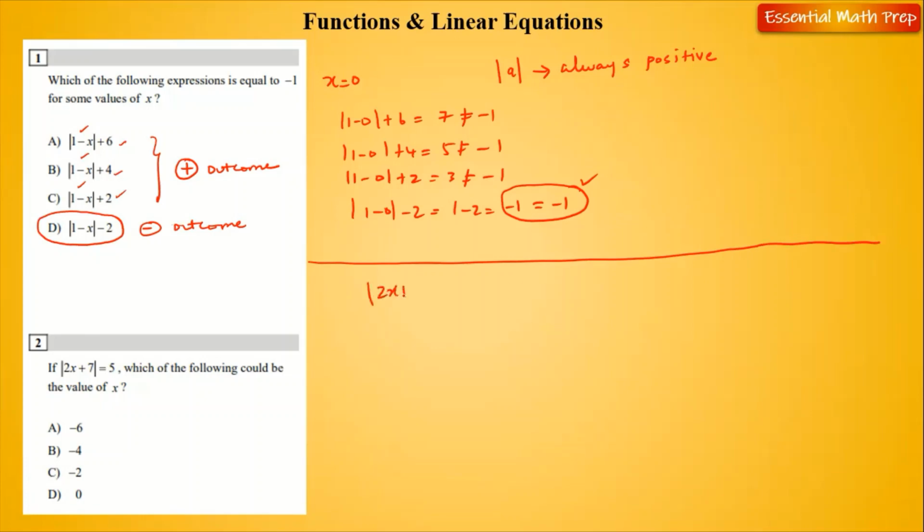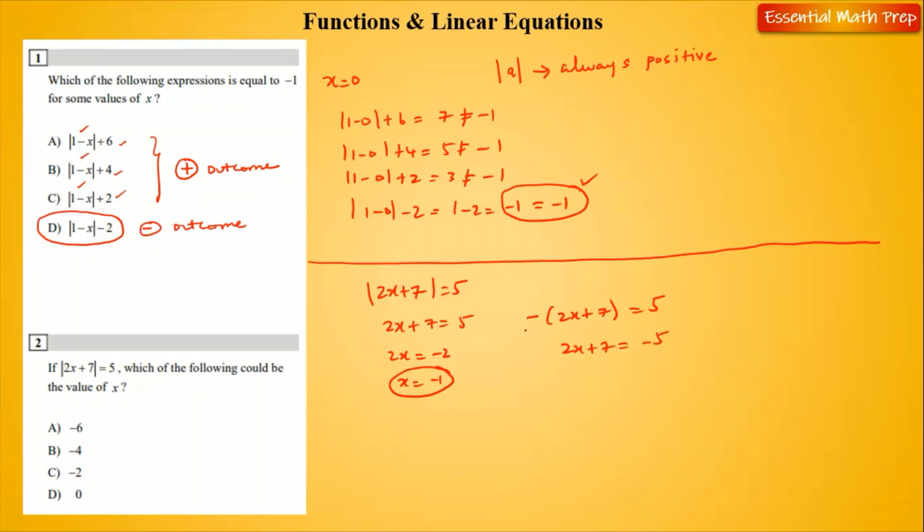We have 2x plus 7 equals 5. First, treat the items within the absolute value symbol as they are, without any modification. So 2x plus 7 equals 5, 2x equals -2, x equals -1. This time, let's put a negative sign in front: 2x plus 7 equals -5.